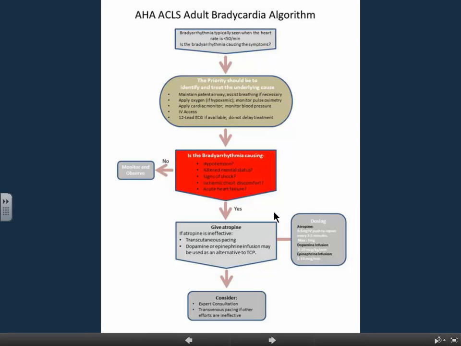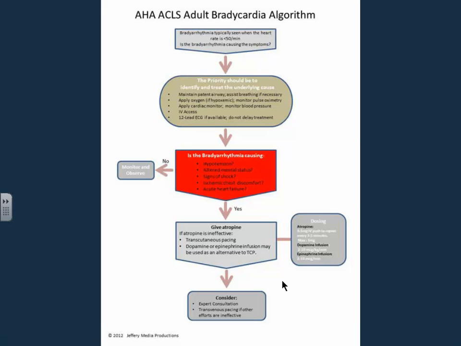All right? If the bradyarrhythmia is causing hypotension, it is. Altered mental status, it is. Signs of shock, chest discomfort, acute heart failure. Very first thing we're giving. All right? What's the dosage? 0.5 every what? For a total dose of? All right, if that doesn't work, we can jump on what?